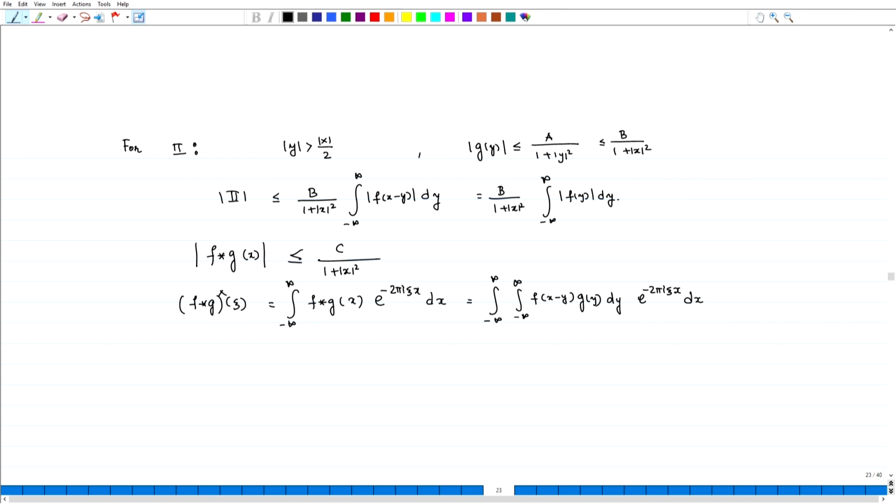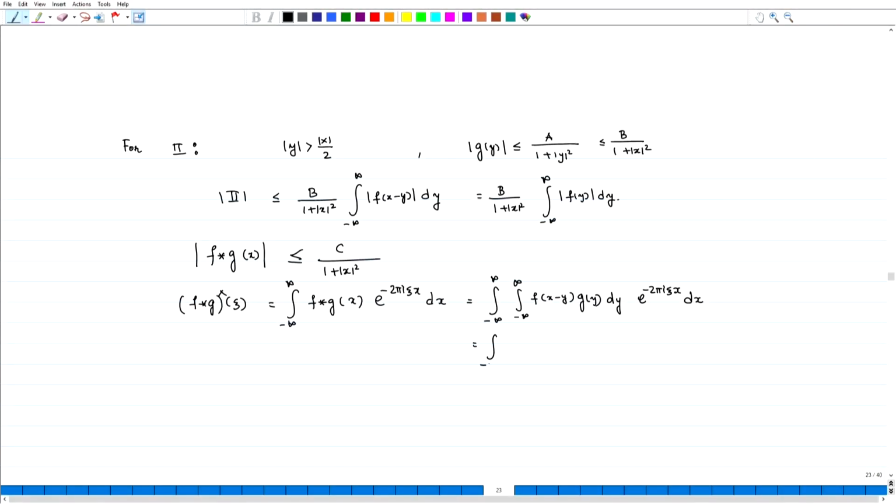The modulus of f times the modulus of g is finite, so the integral is finite. Therefore, I can interchange the order of the integration. So this is the integral of g(y) times the integral from minus infinity to infinity of f(x − y), where I will put e^(−2πiξ(x − y)) dx.